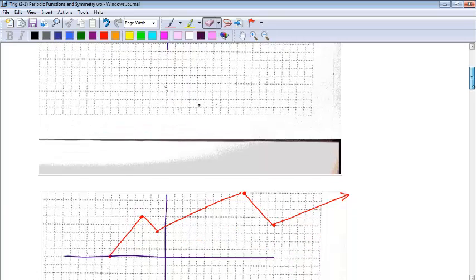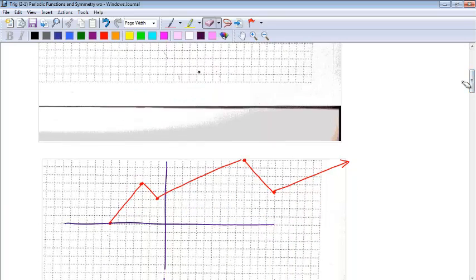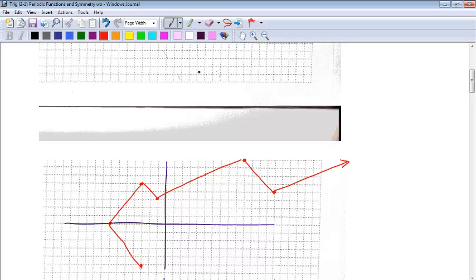On this one, if I give you this for a starting graph, if I said I want that to be symmetric with respect to the x-axis, then you basically count points and say, okay, I went up 1, 2, 3, 4, 5 points, so go down 1, 2, 3, 4, 5 points, and then connect those so that it's symmetric.